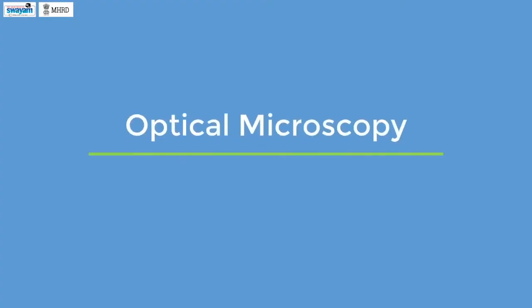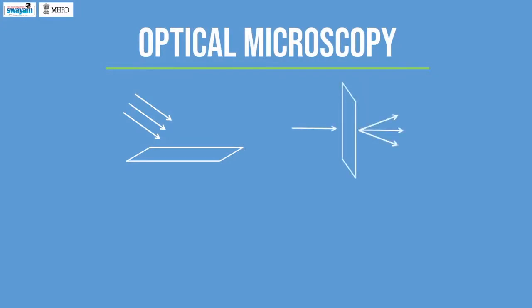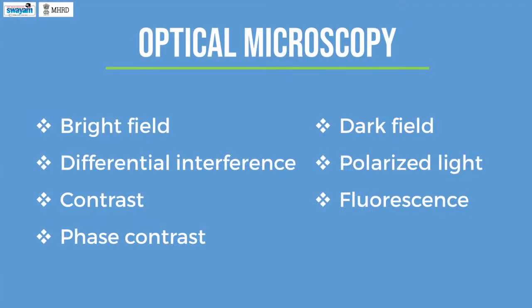Optical microscopy. Optical microscopy is based on the principles of absorption, diffraction, refraction and transmission of light waves. Optical microscopes produce images using the differential propagation of light such as bright field, differential interference contrast, phase contrast, dark field, polarized light and fluorescence.